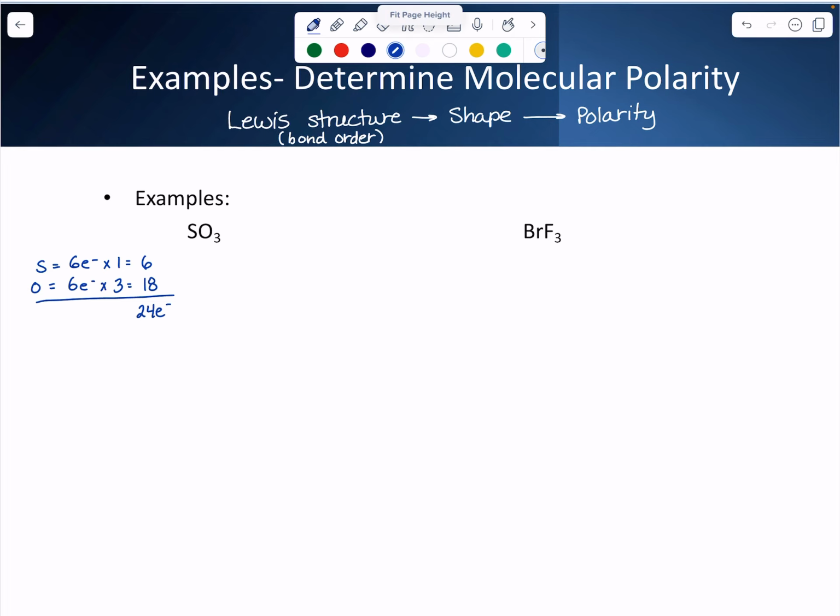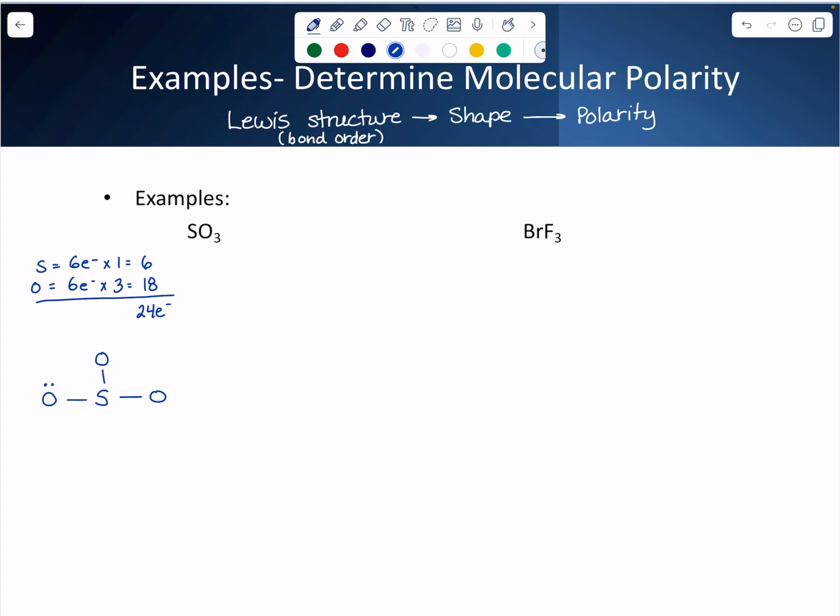Okay, so if we draw the Lewis structure, we would start with sulfur as the central atom because that is further from fluorine on the periodic table. And we would place our 3 oxygens around that. We make our 3 bonds. That is taking care of 6 electrons, but we still need to place 18 more.